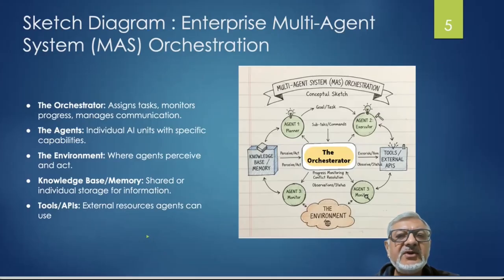It is also able to communicate with the enterprise database as well as short-term memory where it manages the context. It also has the capability to speak to different external tools and APIs so that the overall goal of the enterprise can be managed.